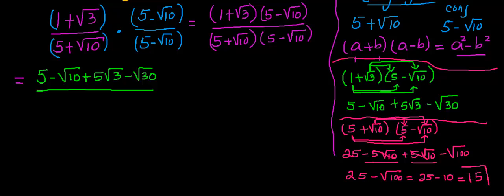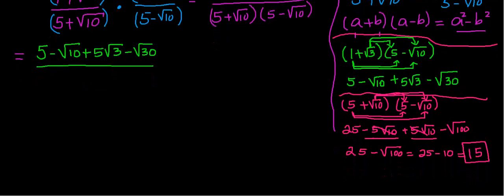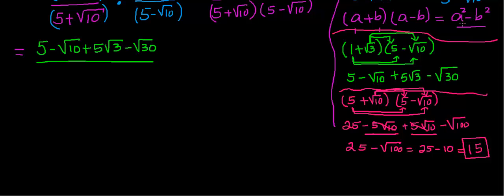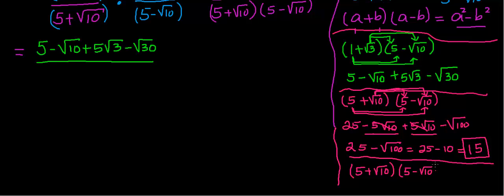Okay? This is using FOIL. If I would have used the shortcut that I taught you here, let's see what we get. I get 5 plus the square root of 10 times 5 minus the square root of 10.